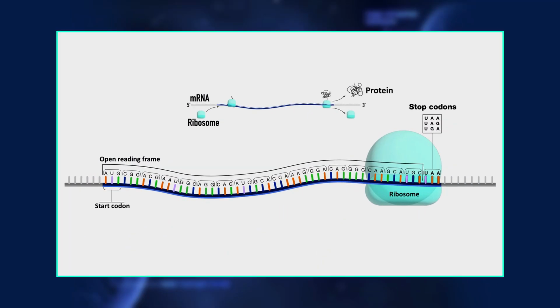The start codon is usually AUG, that is methionine, which signals the beginning of the translation process by coding for the amino acid methionine. Stop codons, on the other hand, signal the end of the translation process and the completion of protein synthesis through use of mRNA strand. Stop codons are either UAA, UGA, or UAG, Ochre, Amber, or Opal.